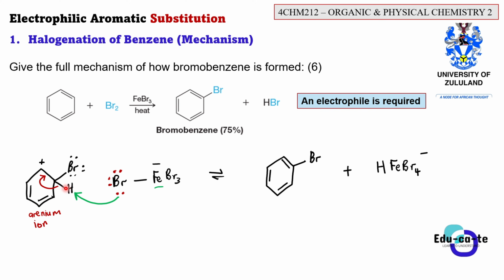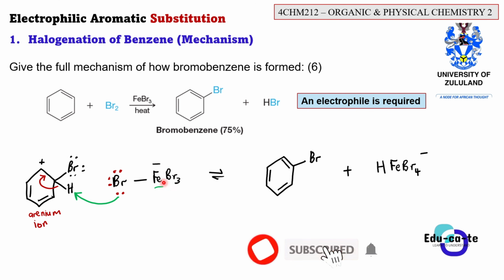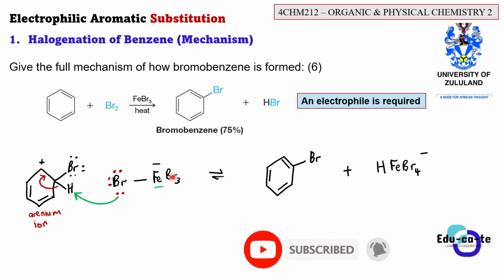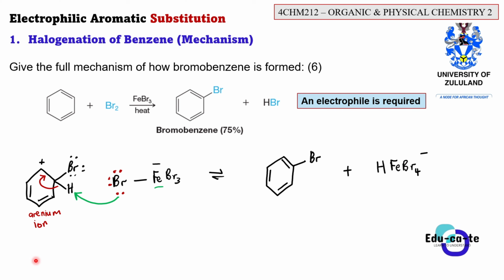Look at this: we've taken this hydrogen and joined it into this entire complex. We have Fe and 4 bromines, and we take a hydrogen. But this is not really a stable compound, so what will happen? This will just decompose.